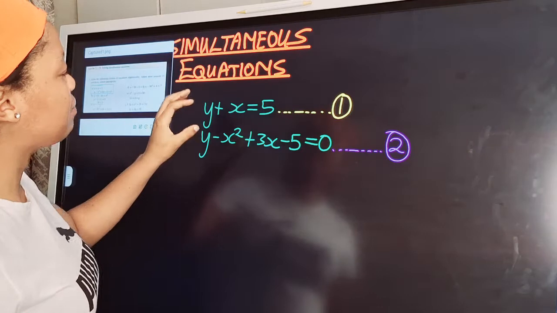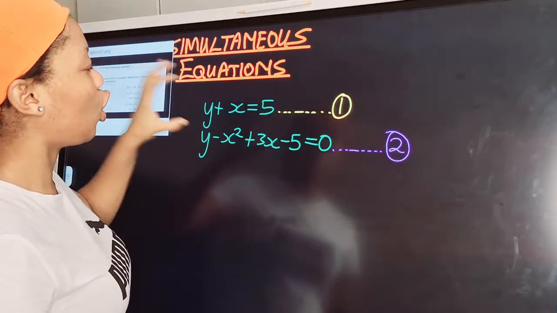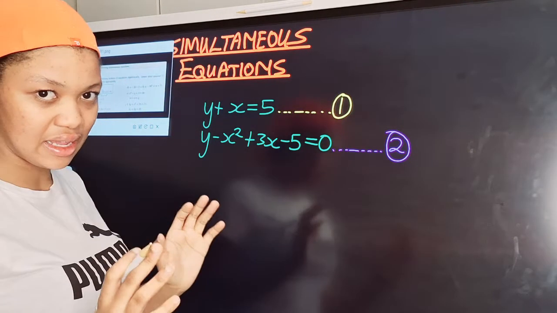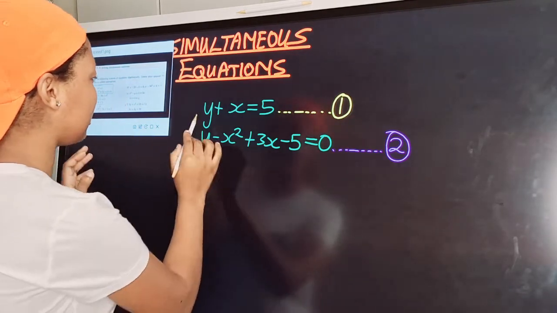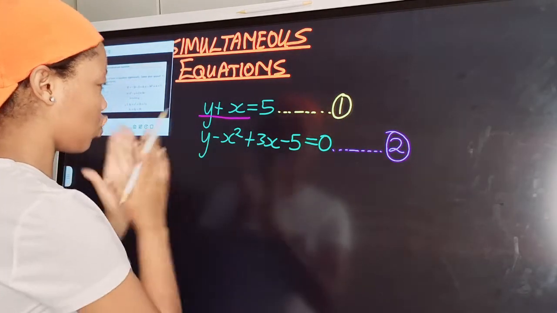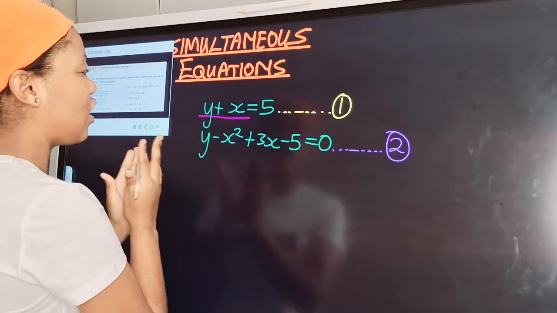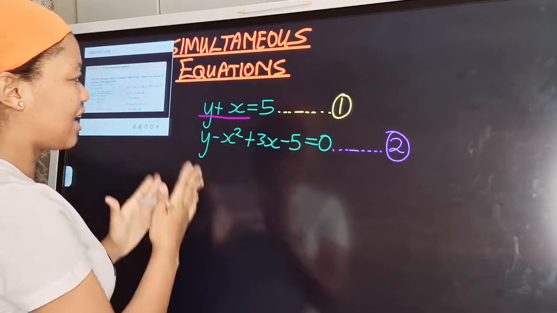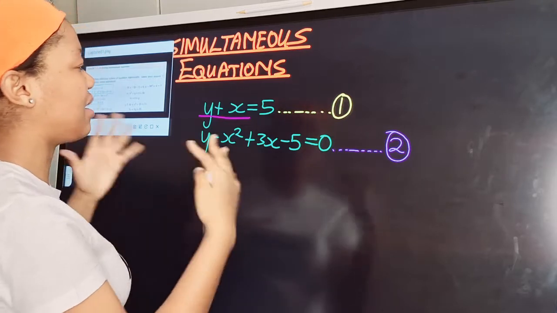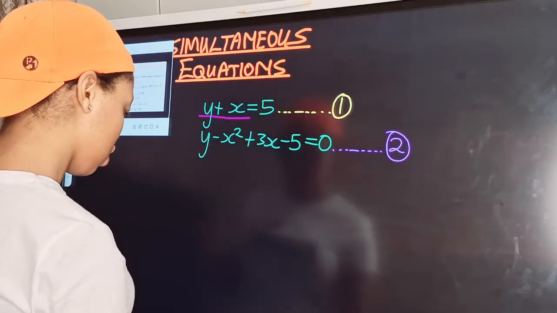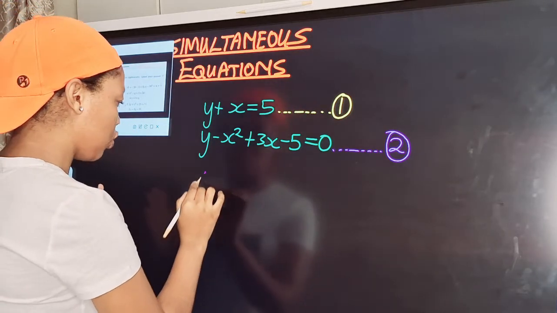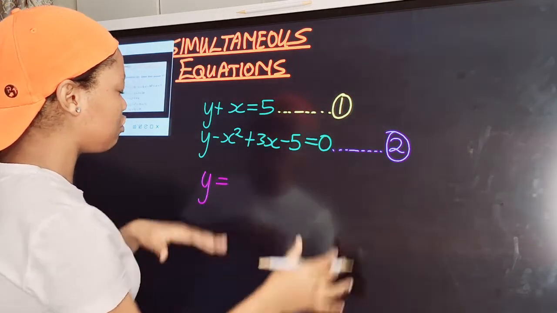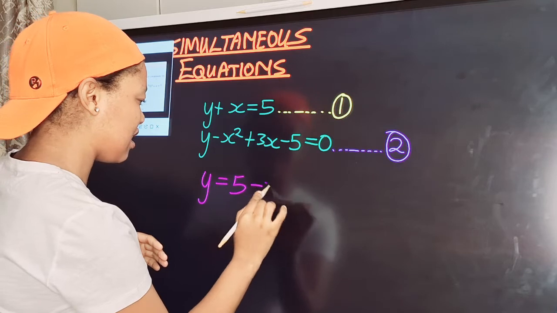You just put one variable on one side of the equal sign. I have y plus x on one side, so it's either y alone on one side or x alone on one side; they mustn't be together. Let's say y alone, meaning we take x and move it to the other side, as negative x.